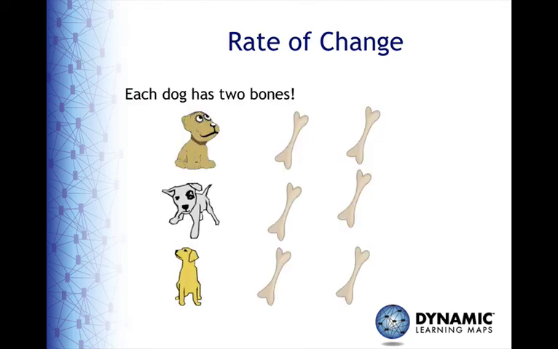Observing the numbers that are paired up and determining the rule for the input and the output find the rate of change. If we say every dog has 2 bones, then we could use the rule, or the rate of change, dogs times 2 equals bones, to figure out how many bones we have for any number of dogs.